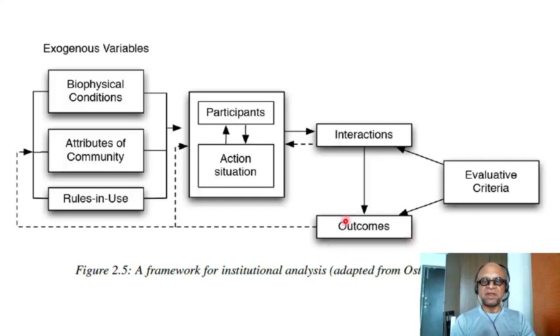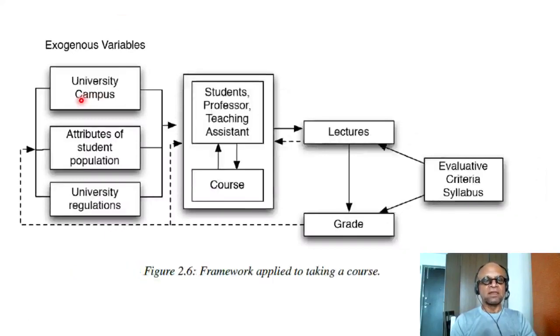interactions and expected outcomes with evaluative criteria going together with them, and the exogenous variables of course depend on that as well. So if you imagine a framework applied to taking a course, for example, as a specific example of an action arena and evaluative criteria, then you have exogenous variables which are now clearer.